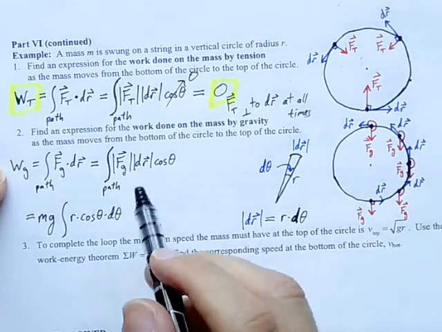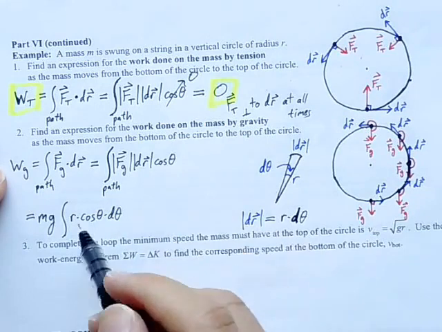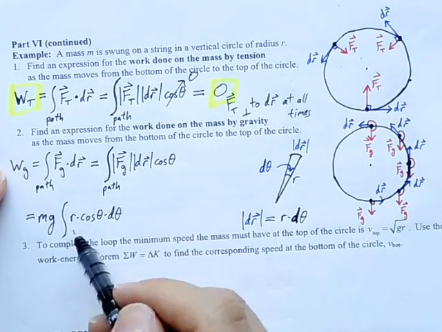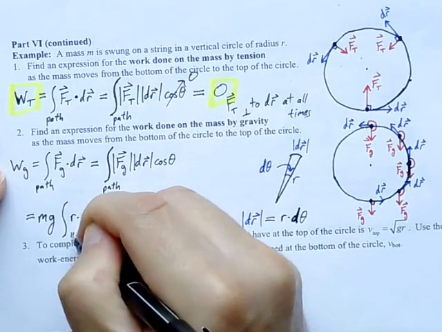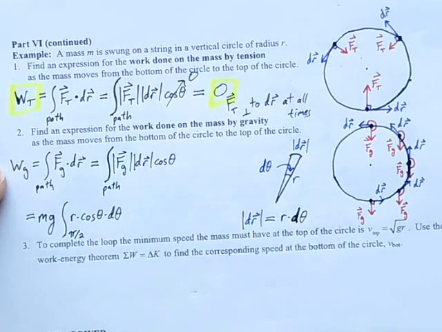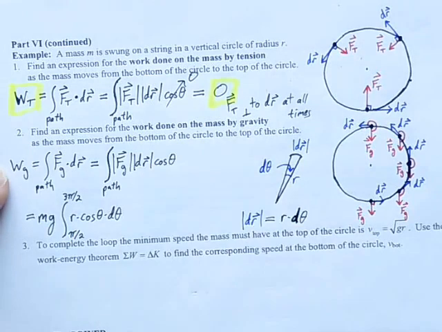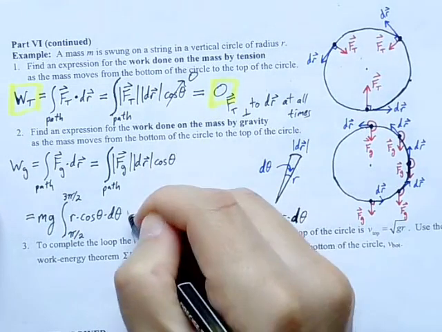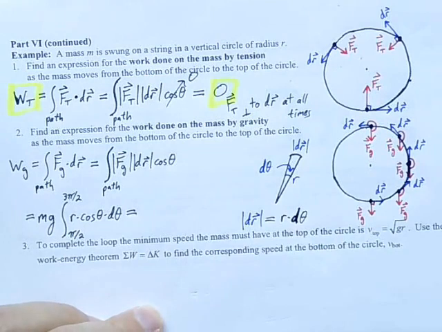What we've done is change the independent variable to theta. So we can now actually state our upper and lower limits, because theta varies continuously from pi over 2, its initial value, to 3 pi over 2, its final value. And that's an integral we can evaluate.